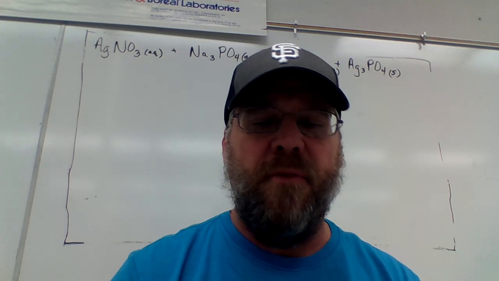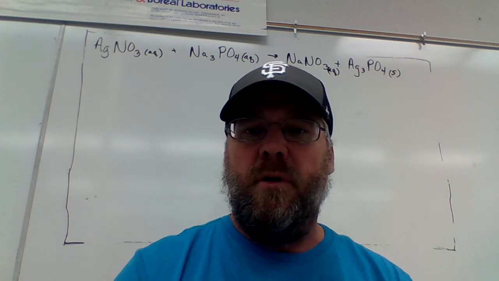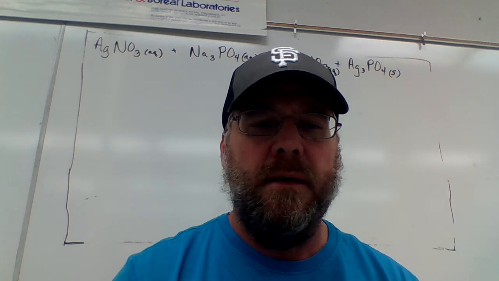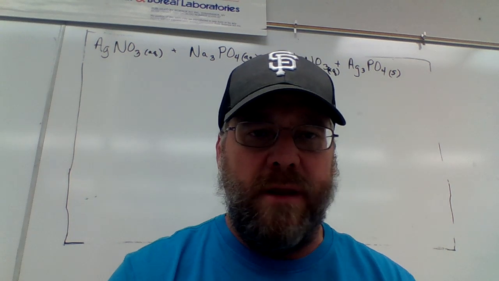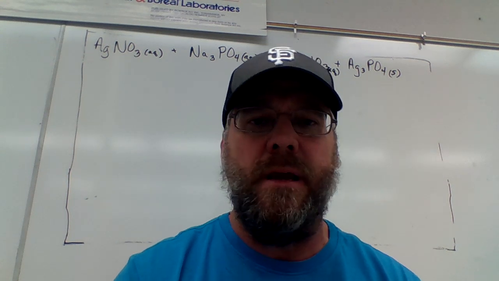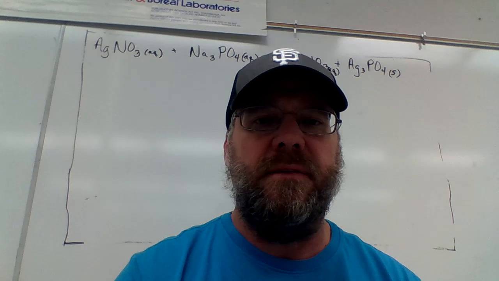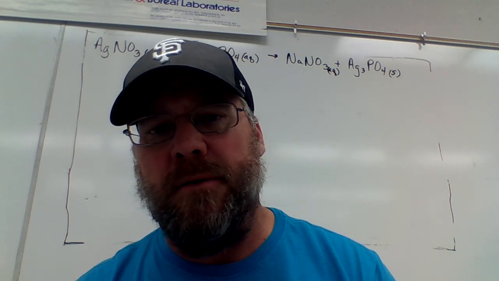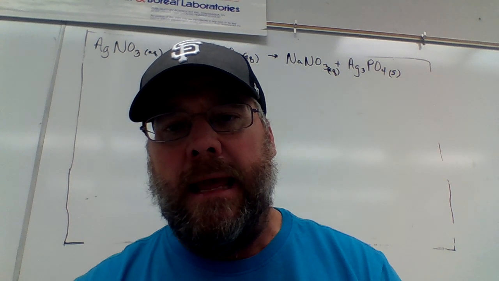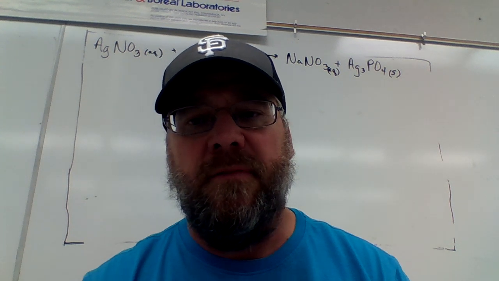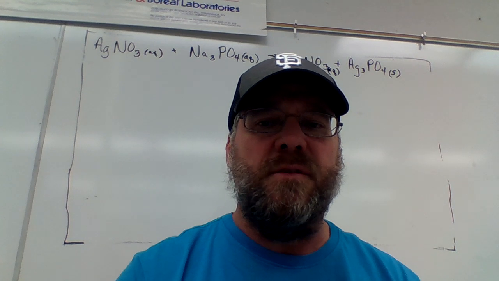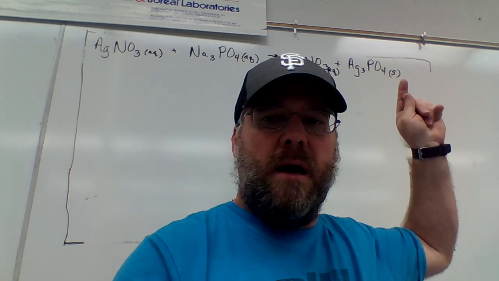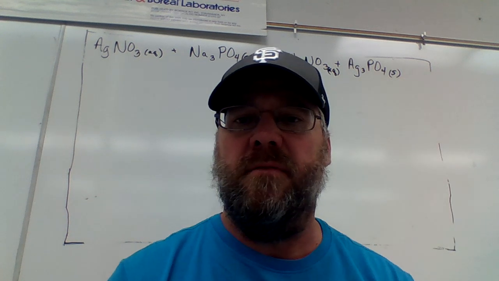All right, so for our check-in, we're going to do something kind of similar to what we did with the chem catalyst. We're going to analyze this chemical reaction of silver nitrate coming together with some sodium phosphate in order to prepare a little bit of sodium nitrate and silver phosphate. Now, you might notice I put an S on that silver phosphate.